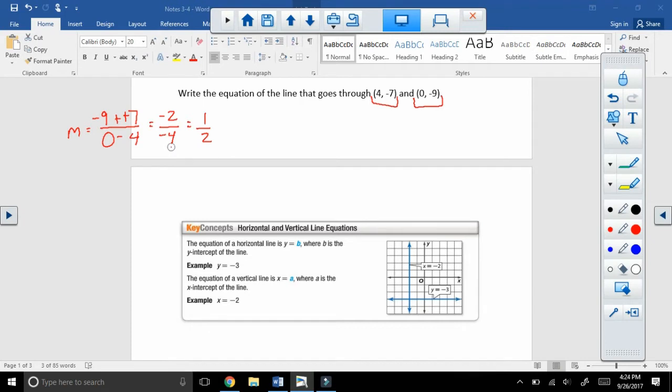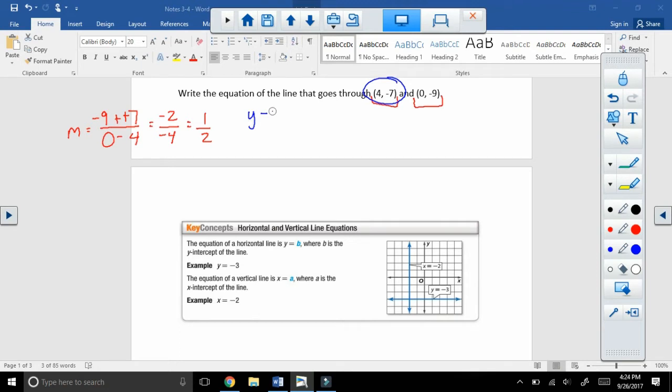So I have some different options here as to how I could set this up. You could use point slope form, and that's, again, what I said I prefer. I would set this up as y minus, and I would pick either one of these values here to be my slope or my point. Let's just go with this first one and see what happens.